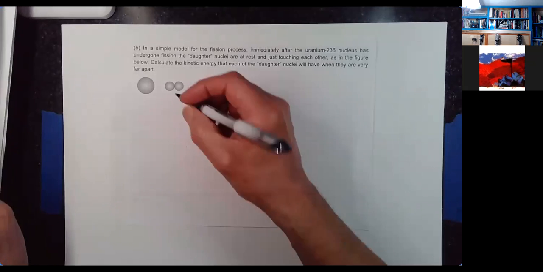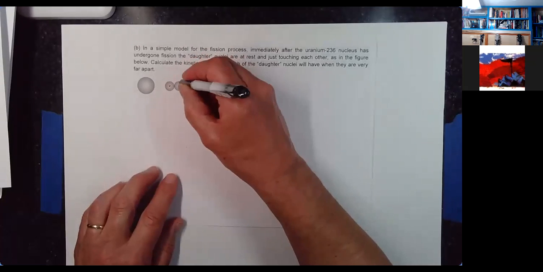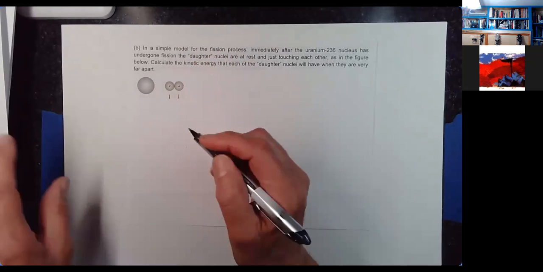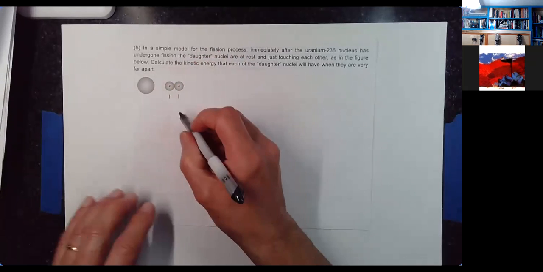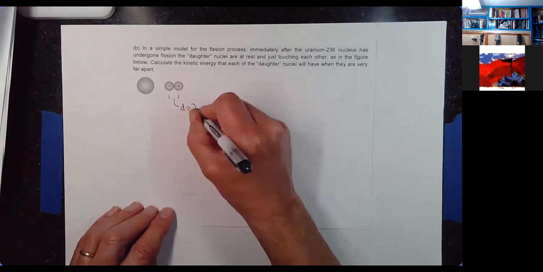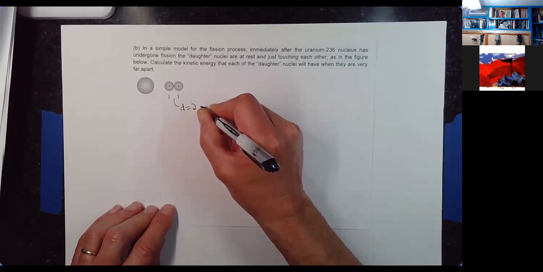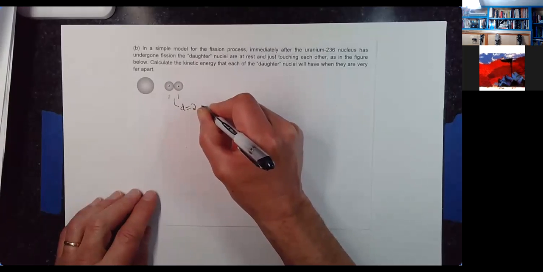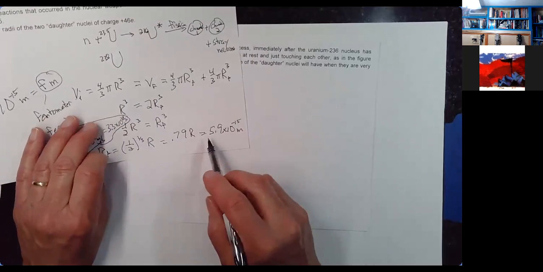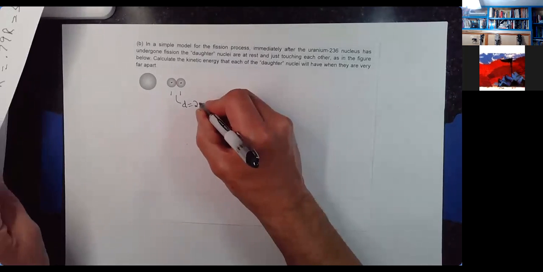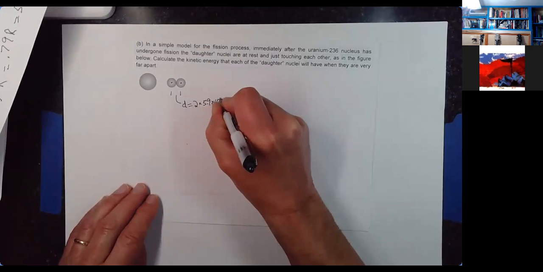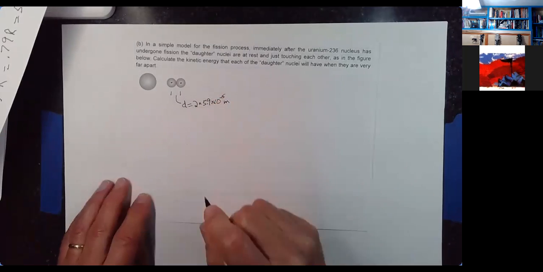Now, we happen to know that these two spherically symmetric charges are going to be separated by twice their radius. So this distance here will equal 2 times the R final that we calculated earlier, which you can't see because I have it up there. So 2 times 5.9 times 10 to the minus 15th meters is going to be that distance.